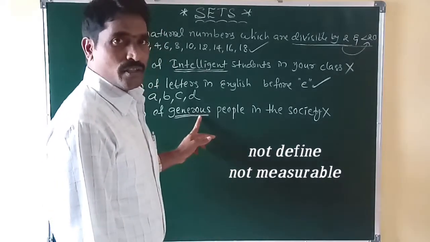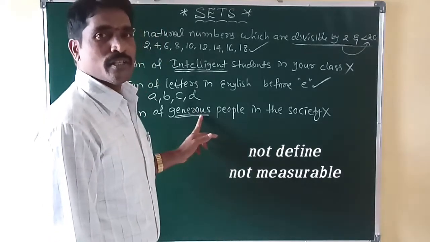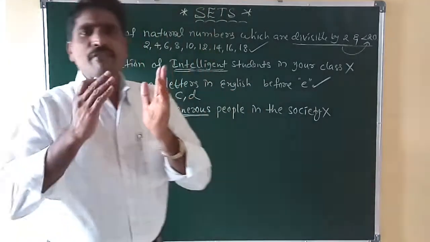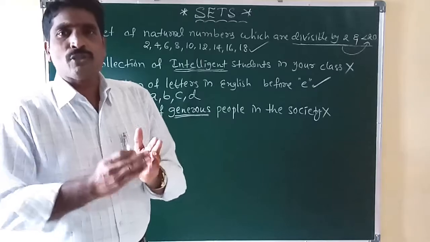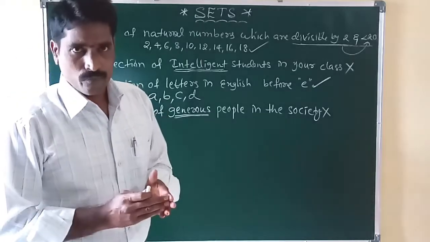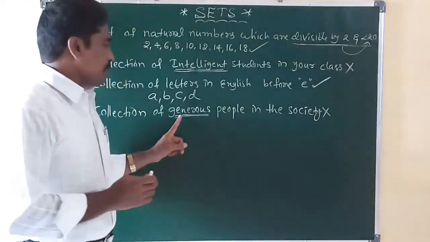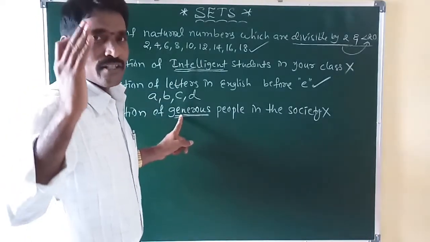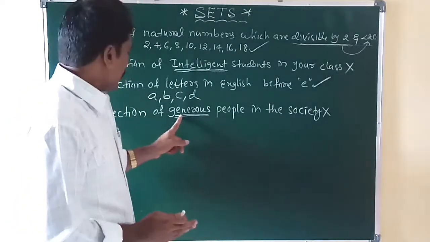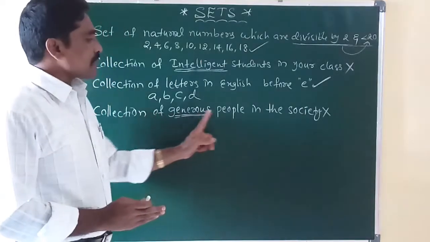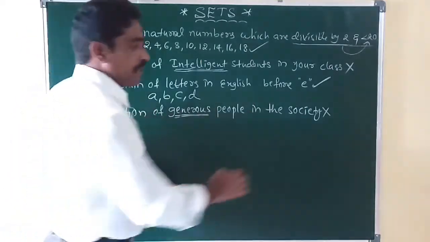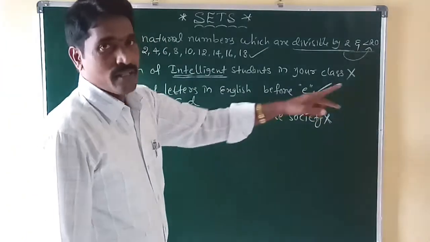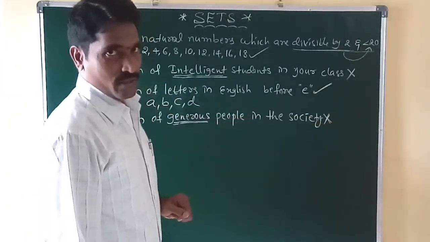It is not measurable and it is not defined. It differs from one person to another in society. So the word cannot be well defined and it is not measurable. So the collection of generous people in the society is not a well-defined collection of objects. It cannot be a set.